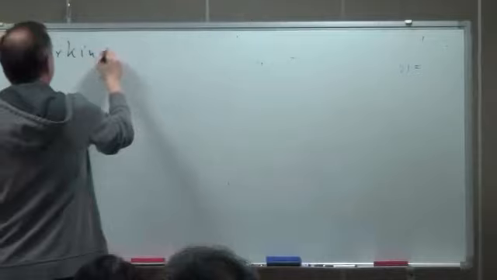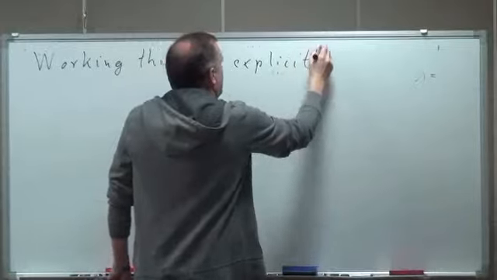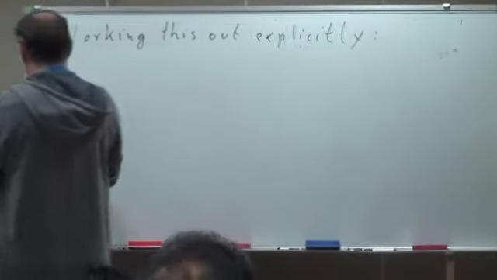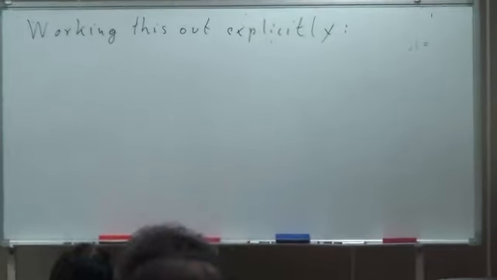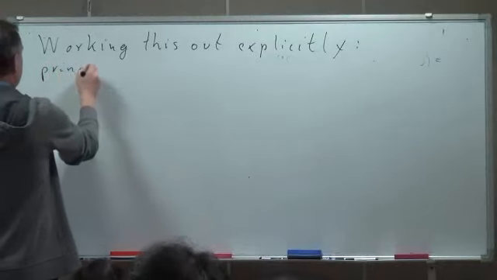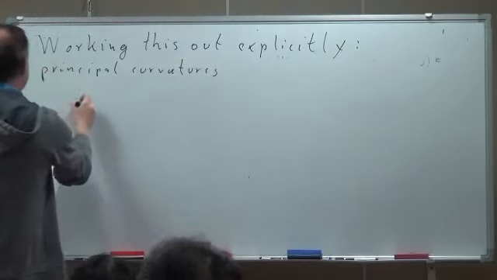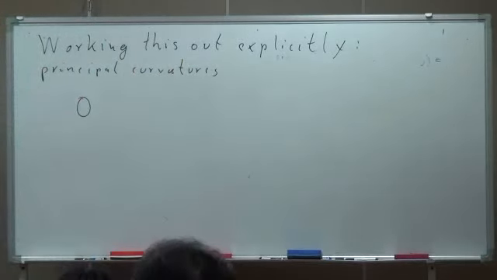So working this out explicitly, what we get is principal curvatures 0, which comes from the tangential bit of 0 here, because our differential equation is y double prime equal to 0, because we have the 0 here.